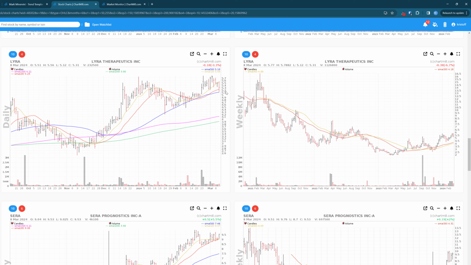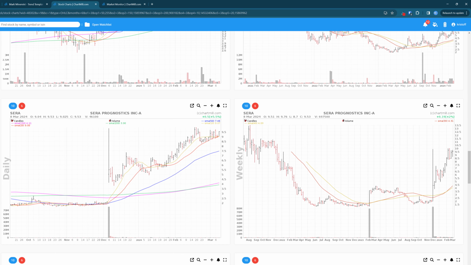So if this can break out above this high, then it will be a nice long setup. So it has to recover from this drop on Friday. So that's why I keep it on my watch list.